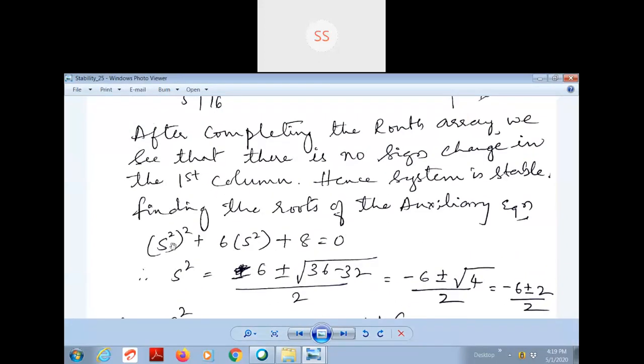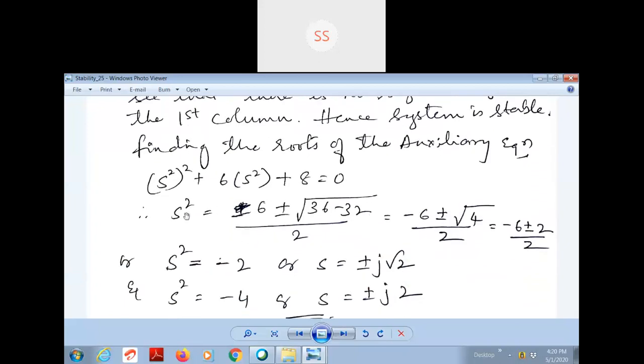So the s to the power of 4 equation is written in this form: (s square) whole square plus 6 into s square plus 8 equal to 0. So we are finding out the pair of roots. Therefore s square equals minus b, that is minus 6, plus or minus root of b square, that is 6 square, minus 4 into ac.